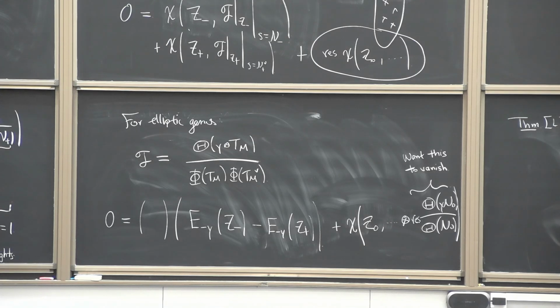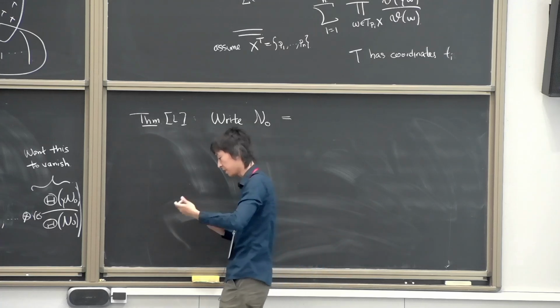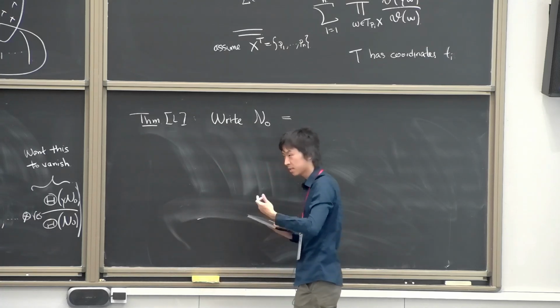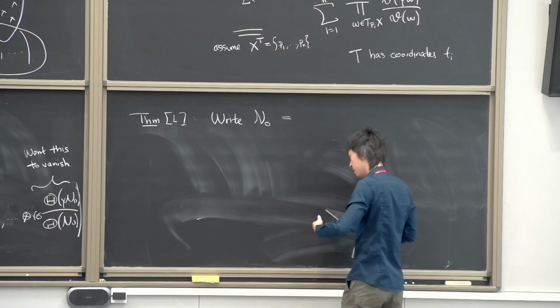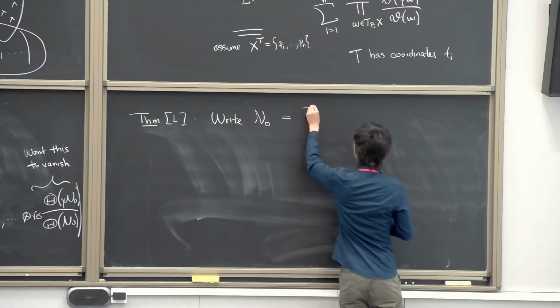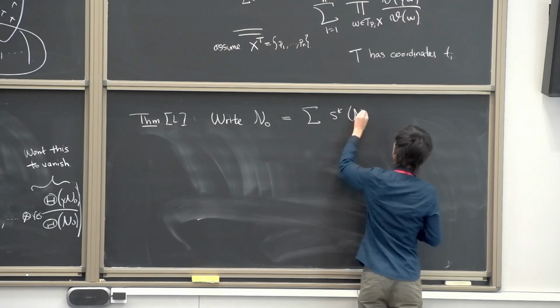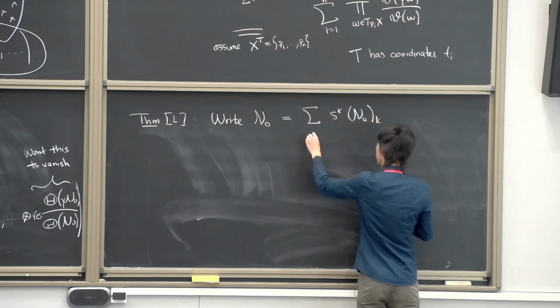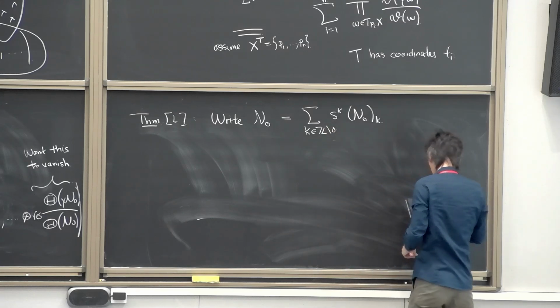So if you write the normal bundle of Z naught inside the whole master space, so this is the normal bundle of some C star fixed component, C star acts on it, and it will split into pieces depending on the C star weight. We'll call those pieces N naught sub k, where k ranges over all non-zero integers.